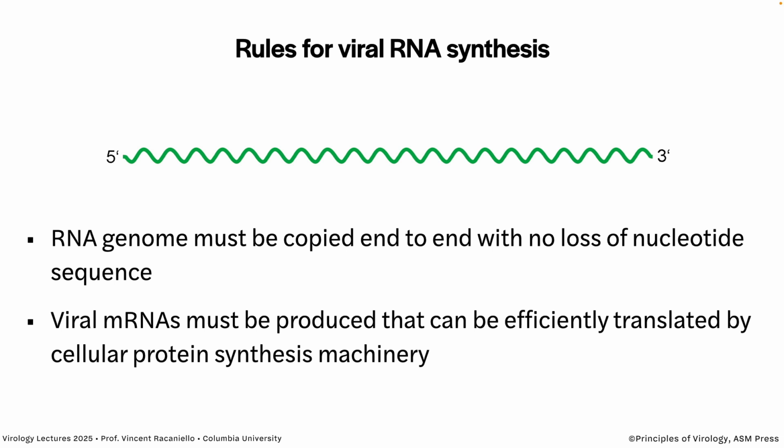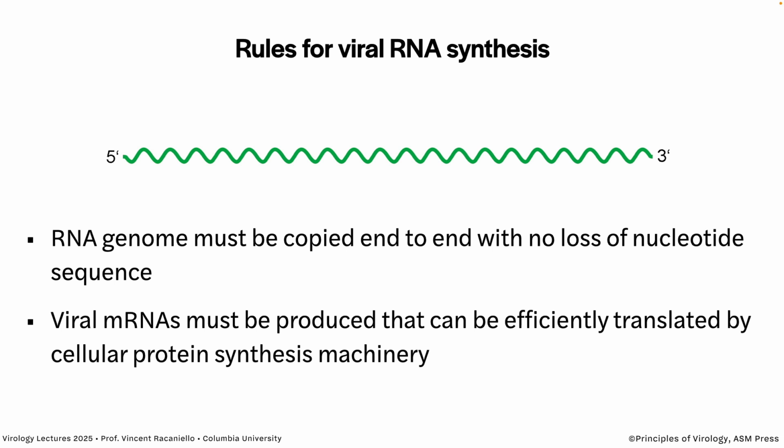Okay, the rules for RNA synthesis. That's a piece of RNA that's a line, which is wrong. I just told you it shouldn't be a line, but I'm going to draw lines a lot. First rule, the RNA genome has to be copied from end to end with no loss of nucleotide sequence. That may seem obvious, but we'll see some examples where this is not happening. So you have to copy the whole genome, because if you lose sequence at the end, it's not going to be functional.